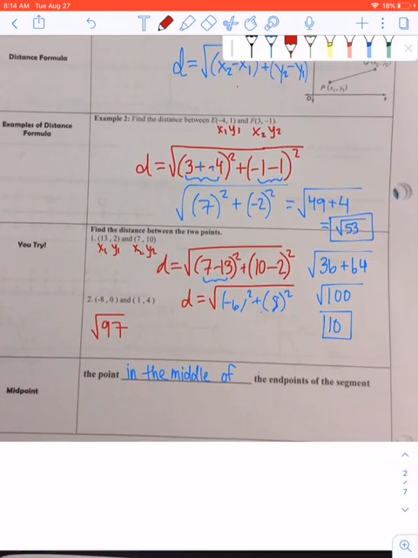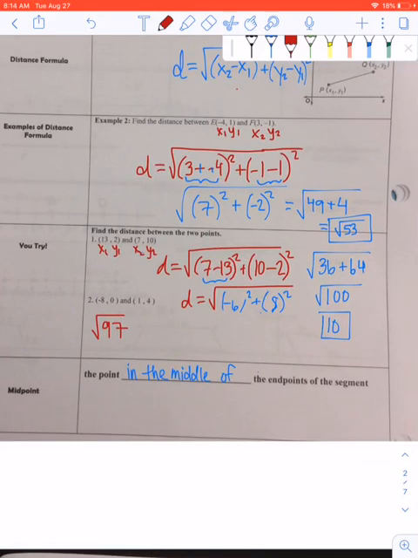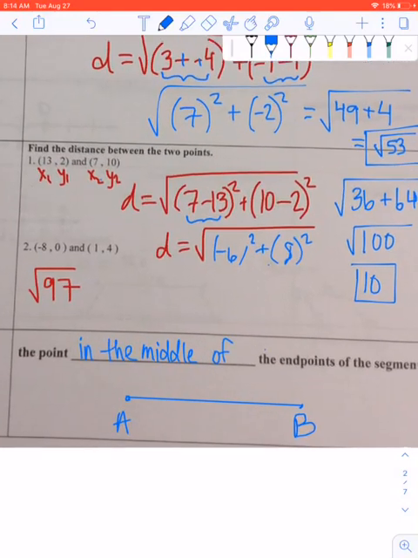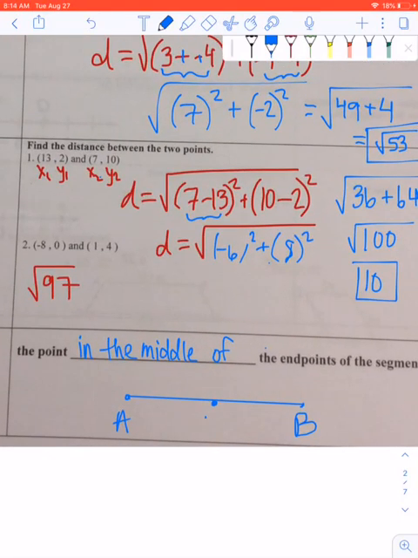Alright, for midpoint. Midpoint's exactly what it sounds like. It's the point in the middle of the endpoints of the segment. So if I have a segment, and I have these endpoints, we'll just say A and B. M is exactly in the middle, the midpoint of A and B. So what that creates is two congruent segments.